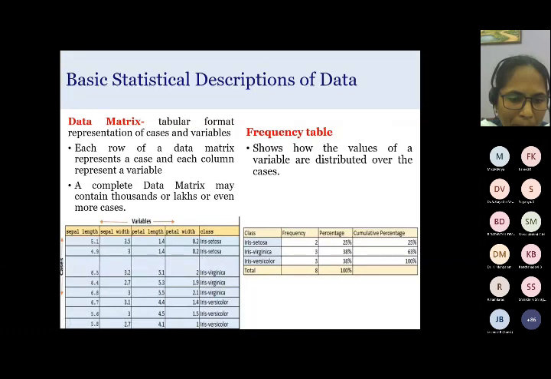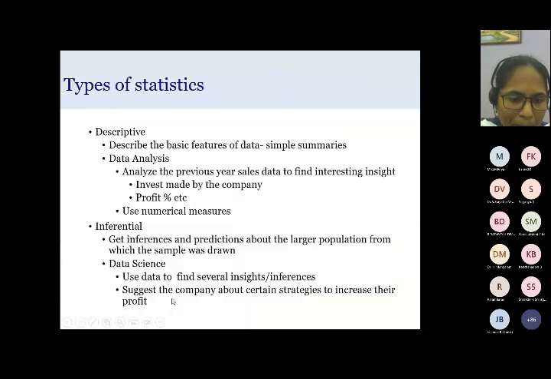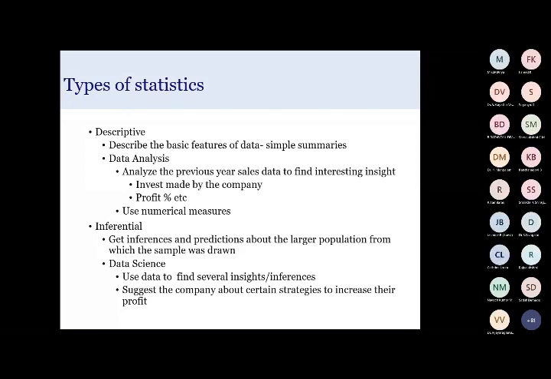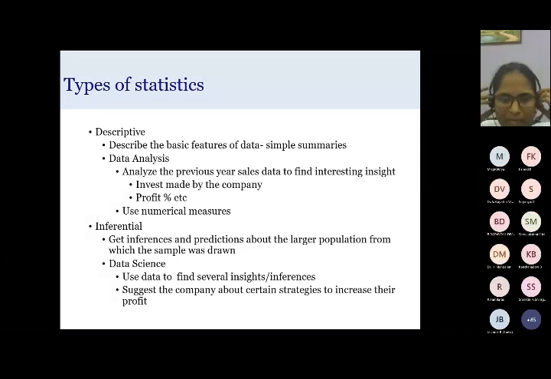What are the different statistical analyses, or how do we analyze the data set that we have in our hand by using some statistical measures? There are two kinds of statistical methods: one is descriptive statistics, another one is inferential statistics. Descriptive statistics will just give a summary of the data that we have, for the numerical data, say mean, median, mode.